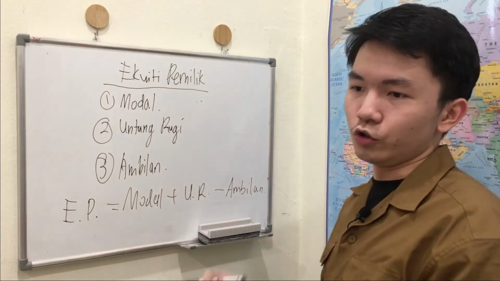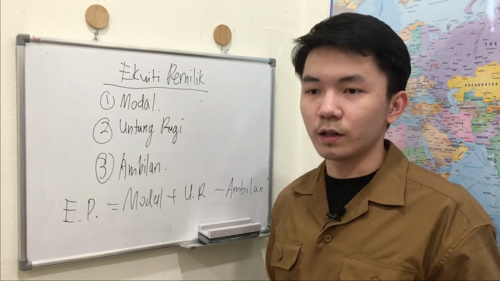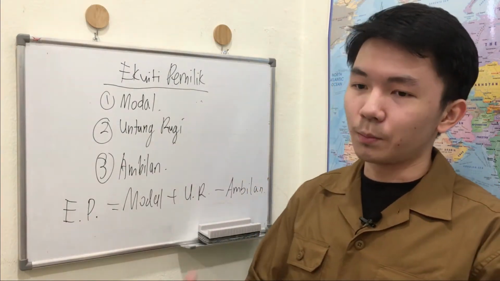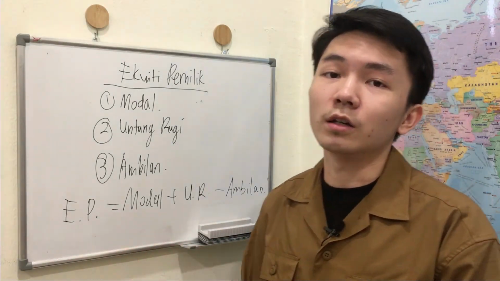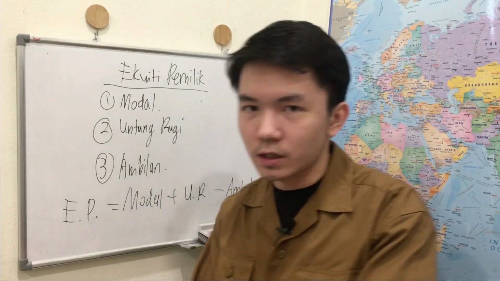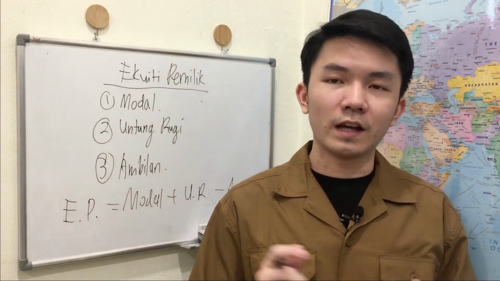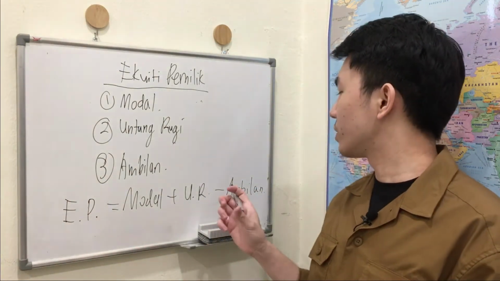What's ambilan? As a pemilik, as a business owner, you go to your company and take either cash or barang niaga from the company, and you use it for yourself. That action is called ambilan.